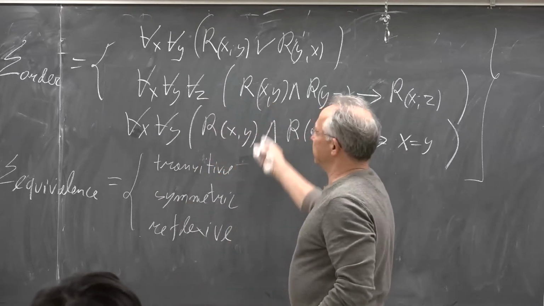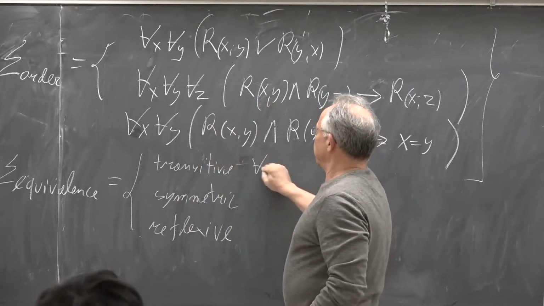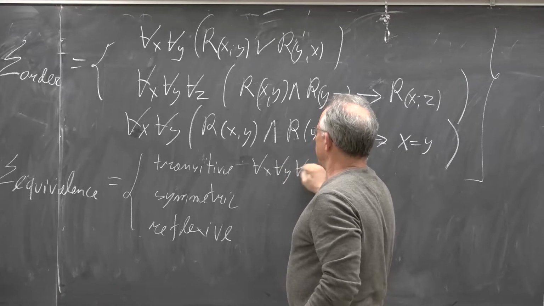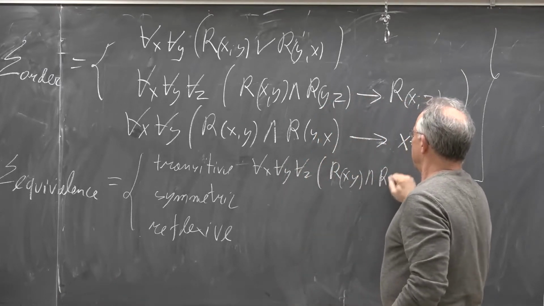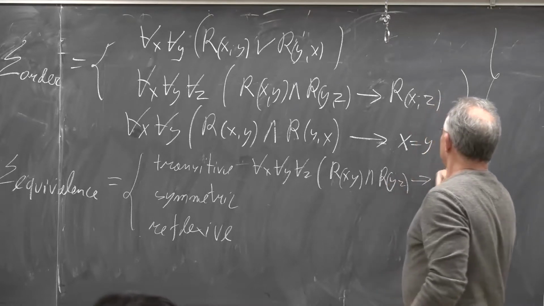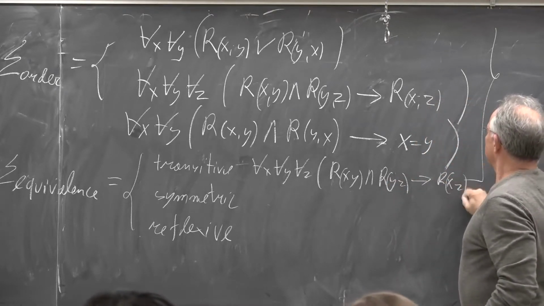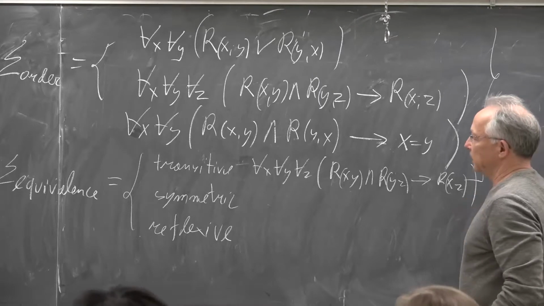Transitive means what we have here: for every x, for every y, for every z, R x y and R y z implies R x z, the same formula that we saw here.